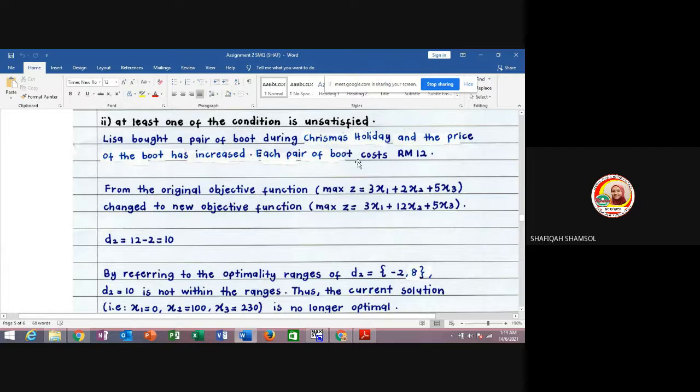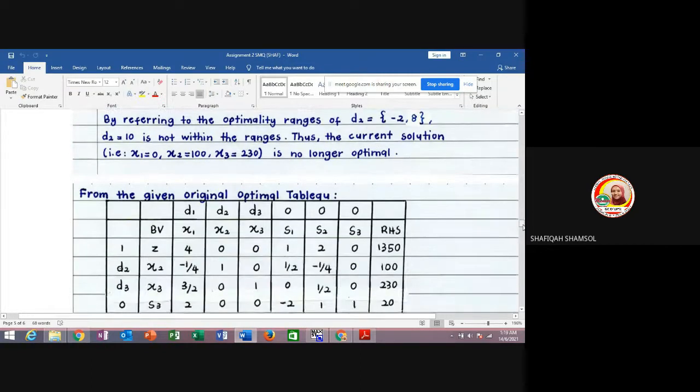As you can see, the pair of boots cost changed to 12 ringgit, which is the x2. So D2 equals 12 minus 2, we get 10. By referring to the optimality range of D2, -2 until 8, the D2 that we get, 10, is not within the range. Therefore, the current solution is no longer optimal and we must find the new optimal solution.